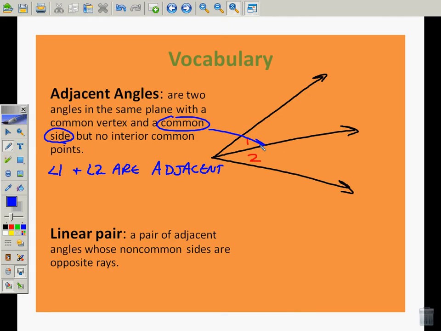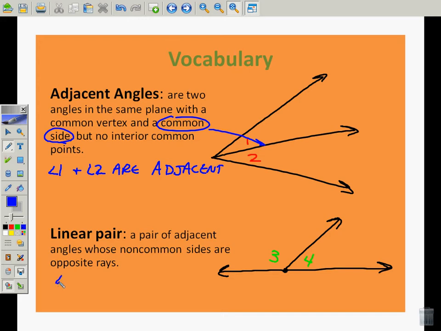A linear pair is much the same way, except it's really spread out. They're two opposite rays. So how I'm going to illustrate that is like this, okay? Two opposite rays, and angles 3 and 4 are going to be a linear pair. Notice, linear is the same as it's still adjacent, but they just form opposite rays.